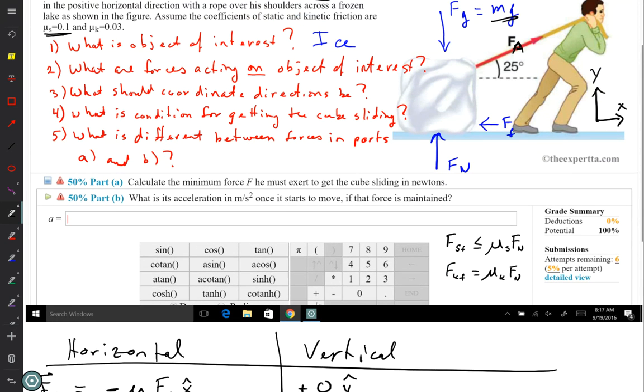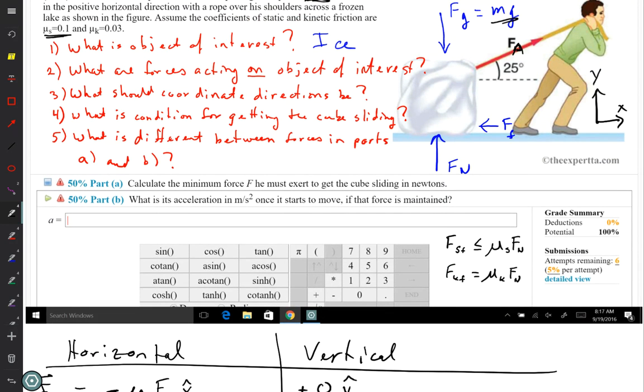Now I'm left with one more force, the force applied. The force applied has two components, one horizontal and one vertical. So this one I have to actually do the work of breaking into components. So here's where we consult our trigonometric functions, and I'm going to break this into two pieces.